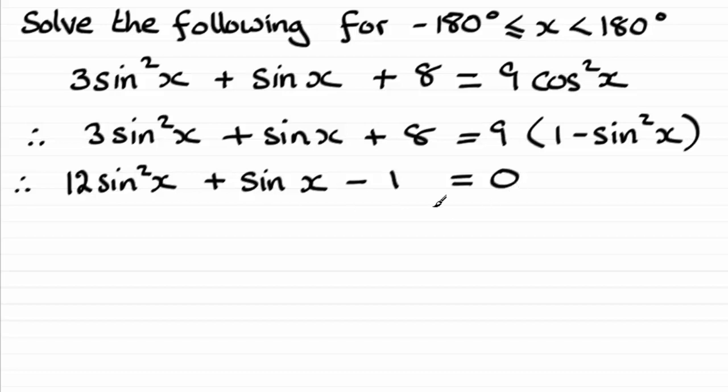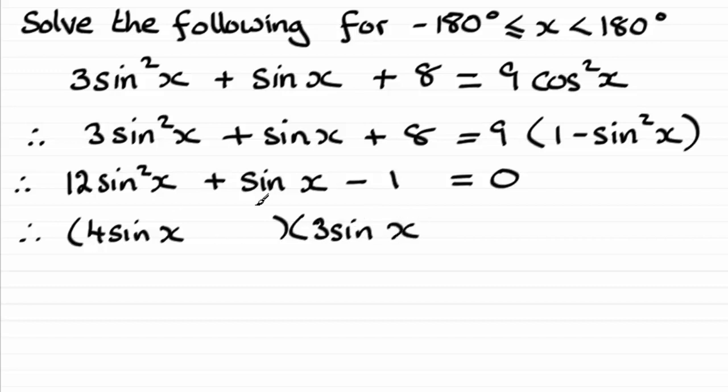And it factorizes. You could use the quadratic formula if you want, but since it factorizes, might as well take that opportunity. You'll see that you get 4 sine x in one bracket multiplied by 3 sine x there. That will give us the 12 sine squared x, and then minus 1 and a plus 1 here.